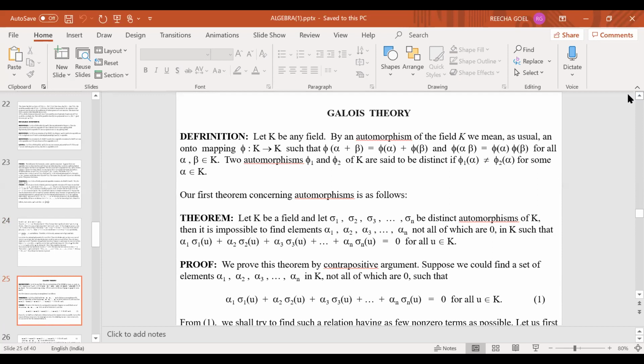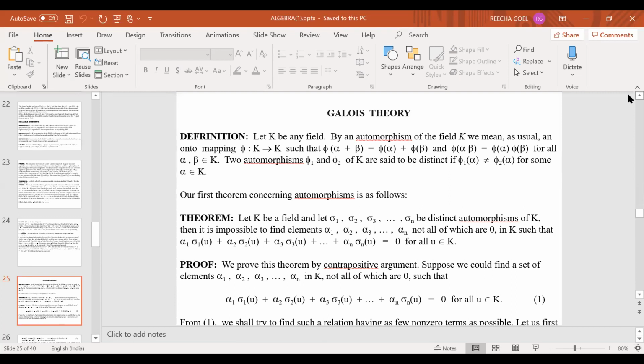So we define the concept of automorphism as follows. Suppose K is any field, and phi is a function from K into K which is a homomorphism. Then if phi is one-one as well as onto, this phi is called an automorphism. Auto means same, from a field to itself.